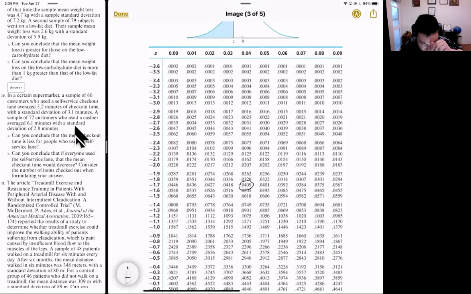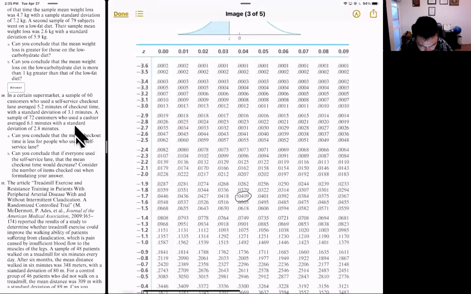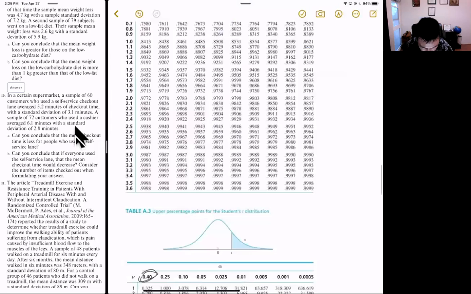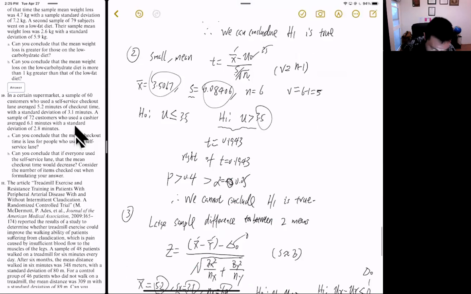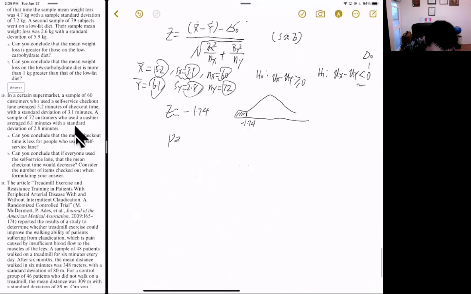That is the left-hand tail, which is what the question is asking. So the p-value will be 0.0409, just less than alpha of 5%.